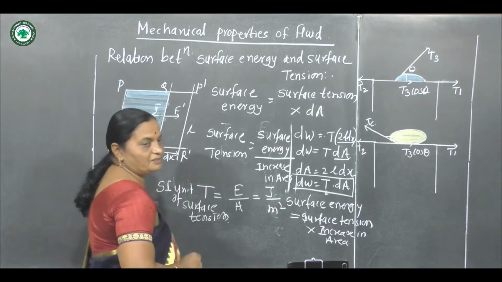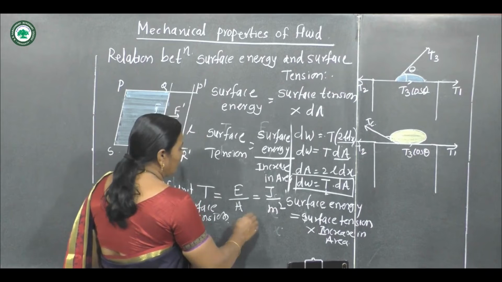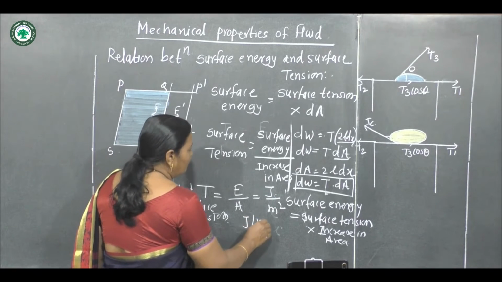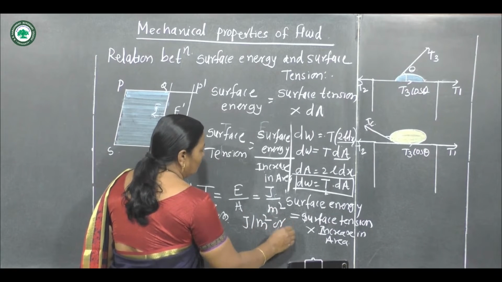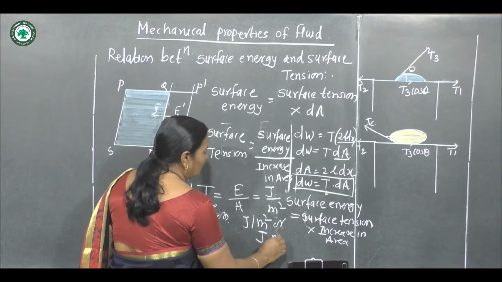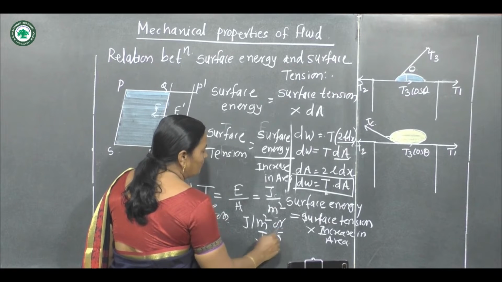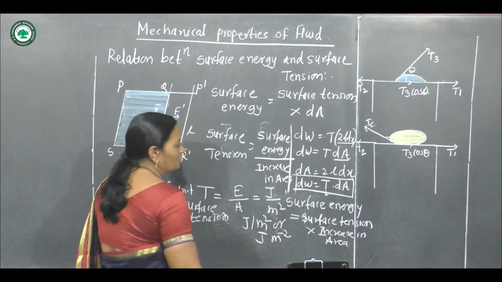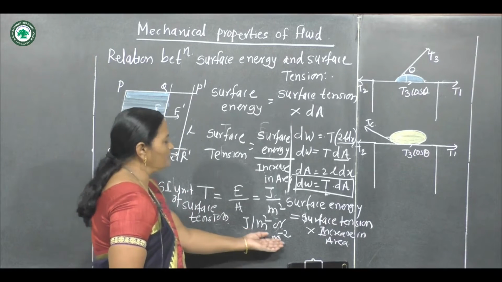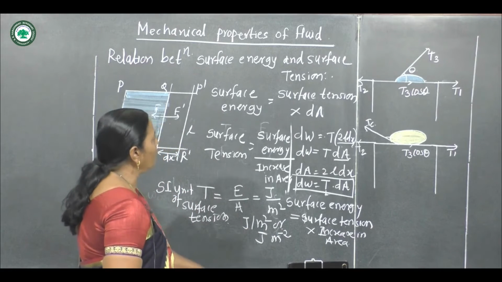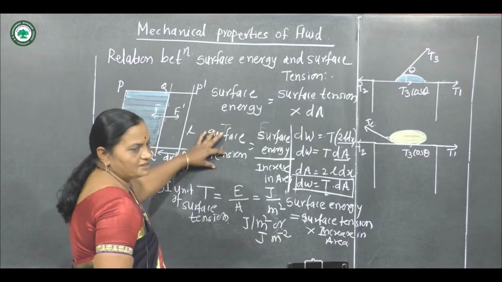Therefore, another unit for surface tension is joule per meter square, or joule meter raised to minus 2. This is another unit of surface tension.